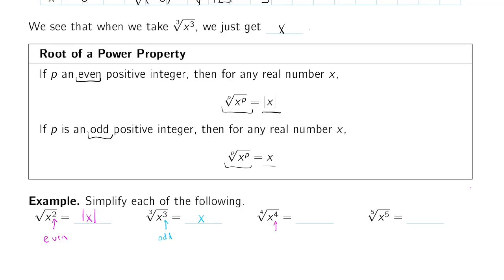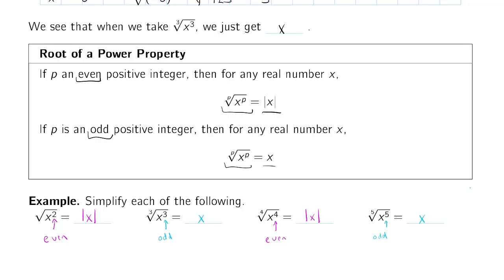So if we take x to the fourth and then take the fourth root, that gives us the absolute value. 5 is odd. If we take the fifth power and then the fifth root, we just get our x back.